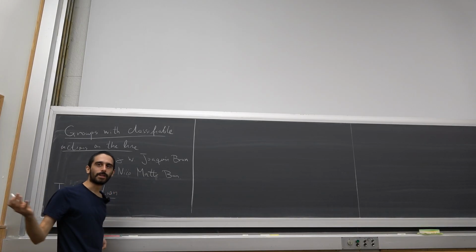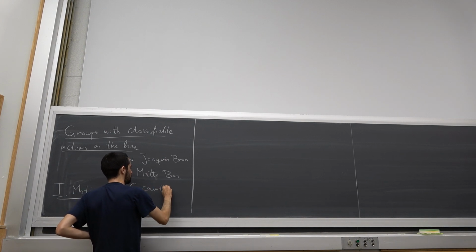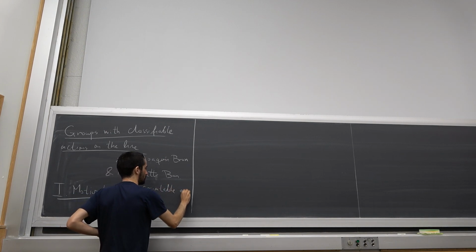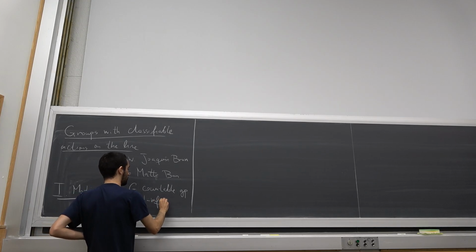So for all this talk, G is a countable group, and X is a one-manifold for now.